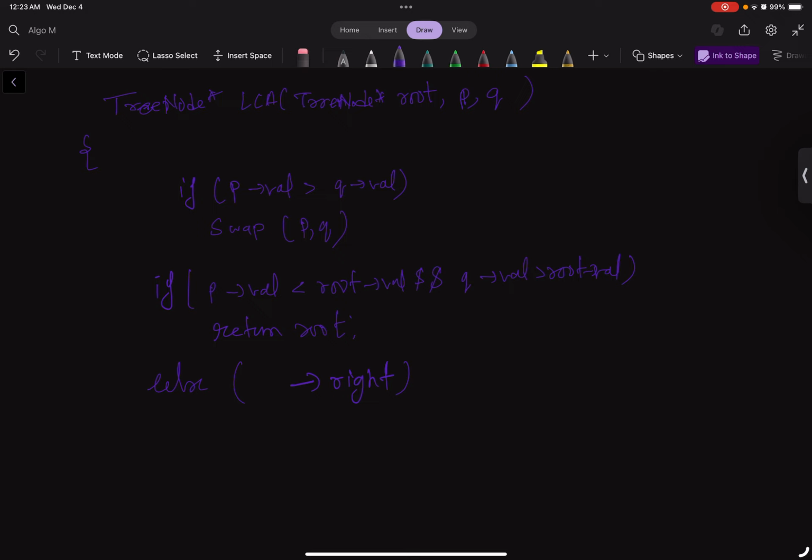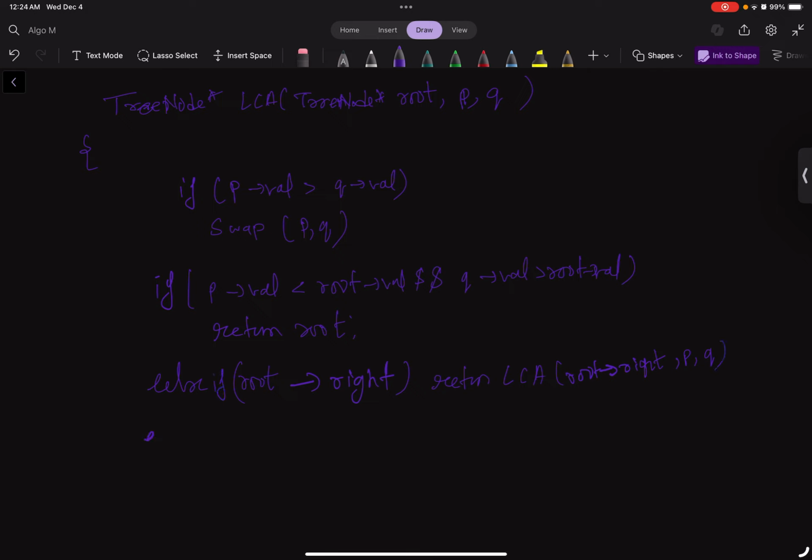It sounds like I have memorized it by heart. If root right is there, then we are calling LCA, return LCA root right comma P comma Q.